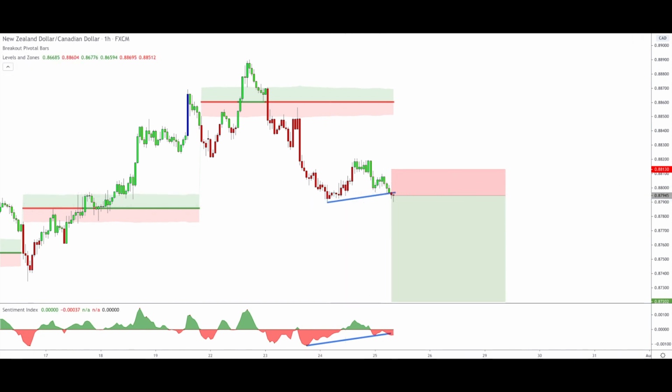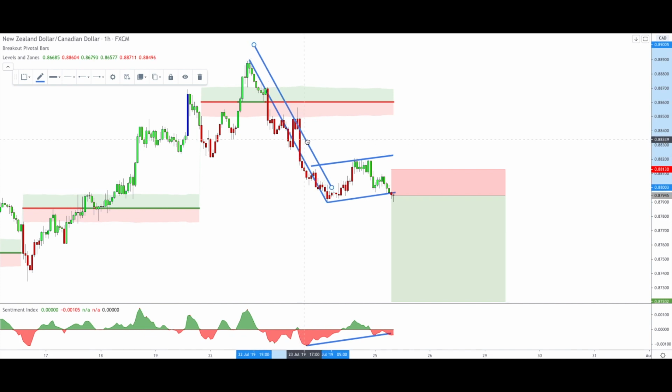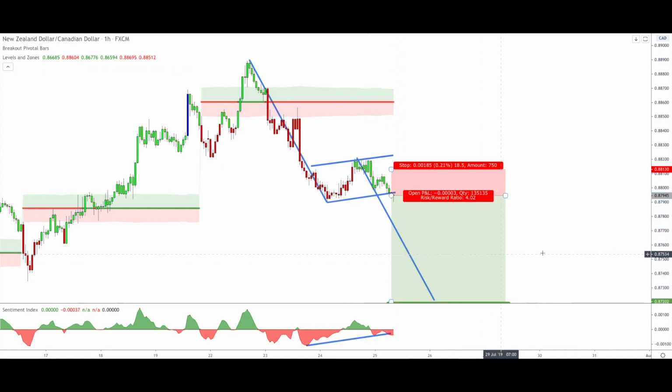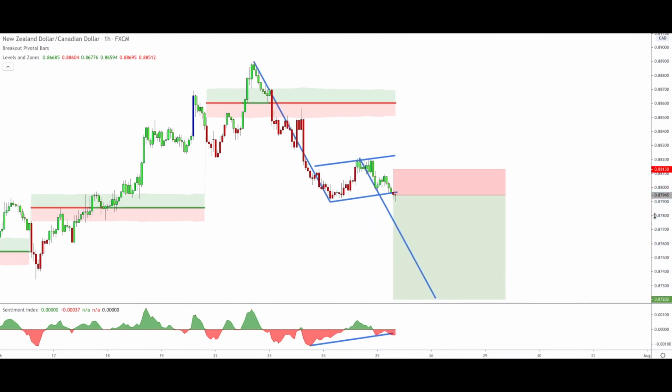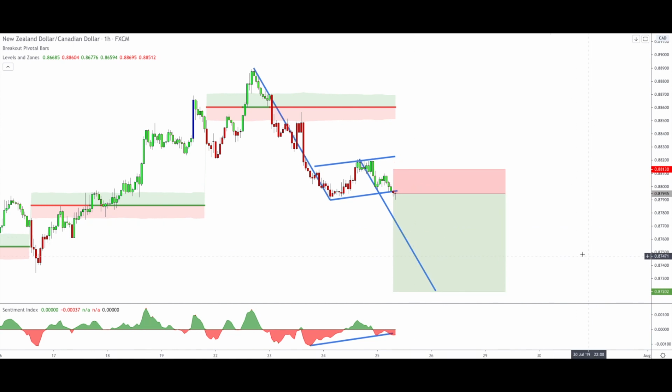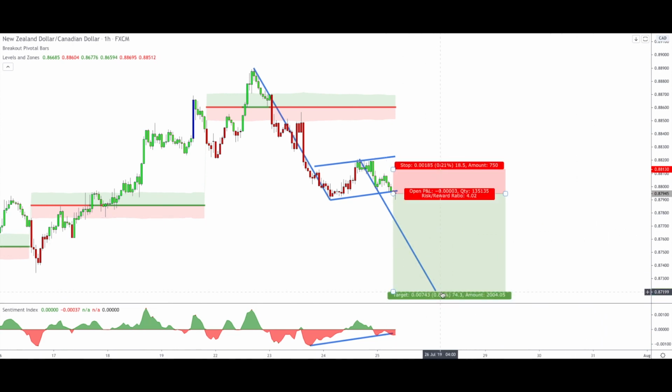So what we have here is an impulse to the downside, and then we have a consolidation, and then what we are expecting is another impulse, at least of the same length as the previous one. As you can see, I placed my target exactly at the end of this impulse. So this is how I picked the target.